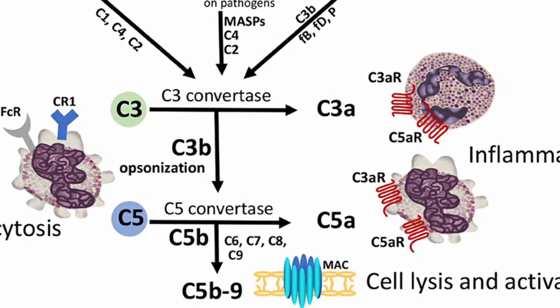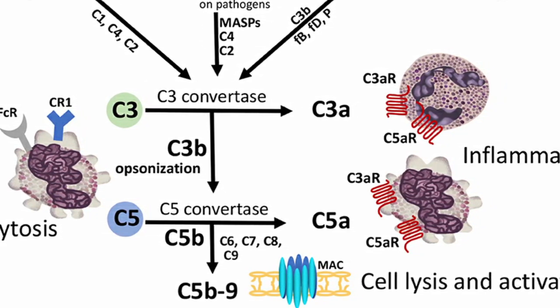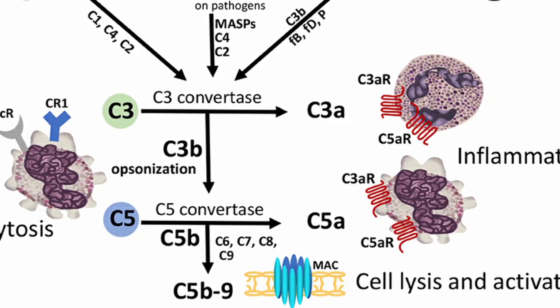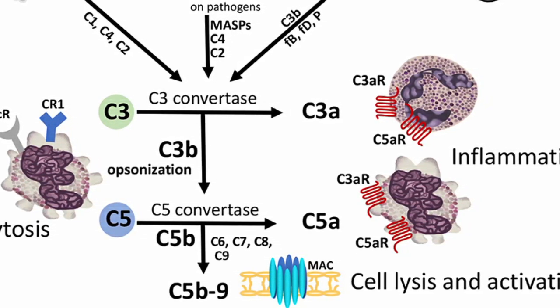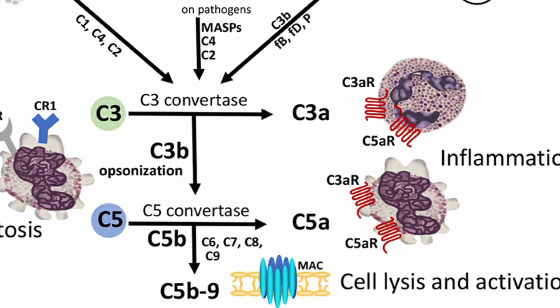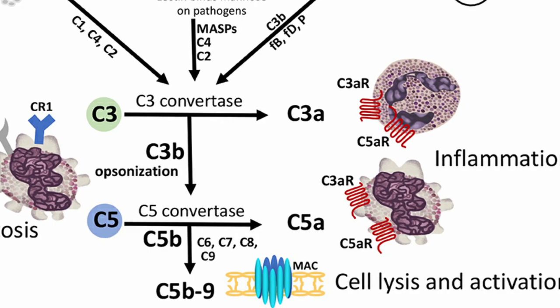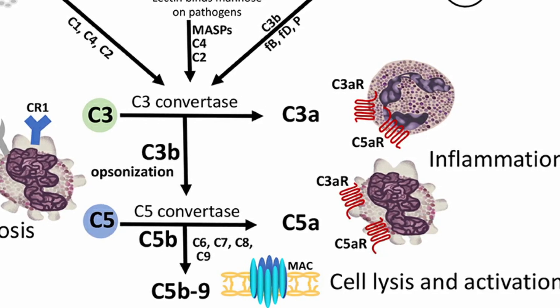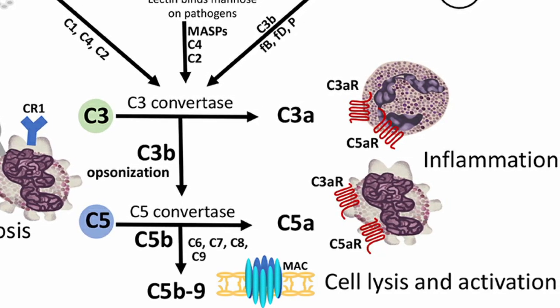The activation of C3a and C5a fragments also have important inflammatory functions. These anaphylatoxins promote inflammation, stimulate mast cell degranulation, and recruit immune cells to the site of infection.